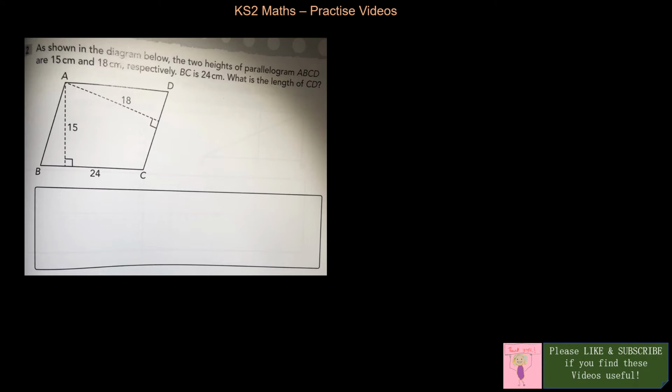The next question: as shown in the diagram below, the two heights of parallelogram ABCD are 15 centimeter and 18 centimeter respectively. BC is 24 centimeter. What is the length of CD? So this is the length they are expecting us to find out. What are we going to do here?